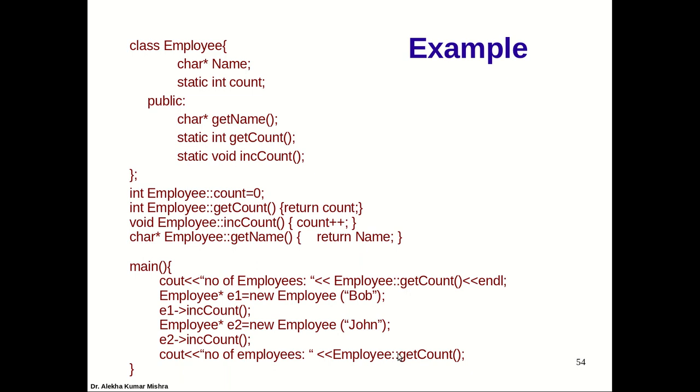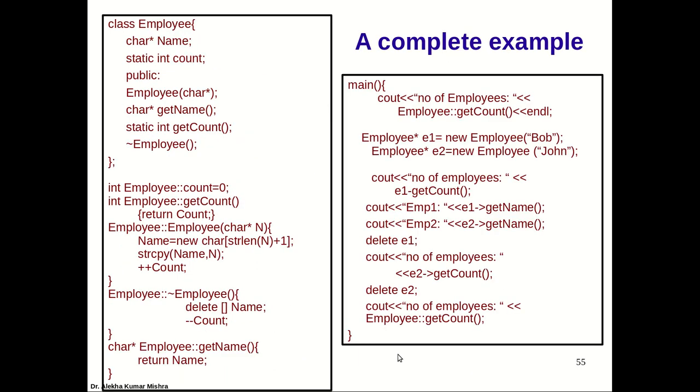Okay, let's see a complete example here, that employee. So we have name, count, and now we have added the parameterized constructor. The job of this parameterized constructor is to dynamically allocate memory exactly the length of the string that is passed as a parameter and copy that string to the name.